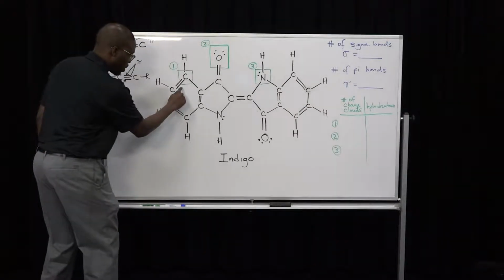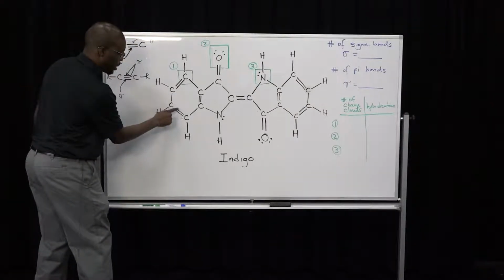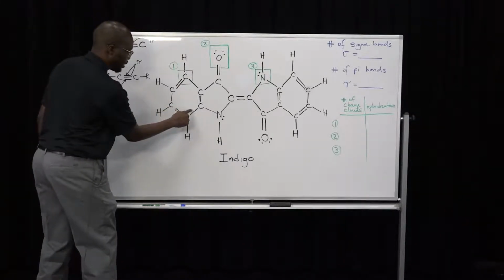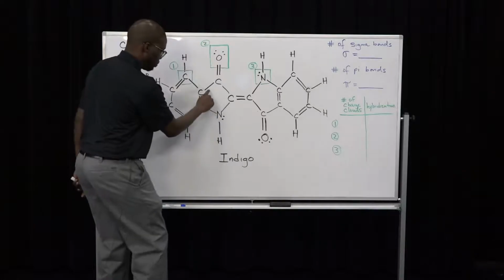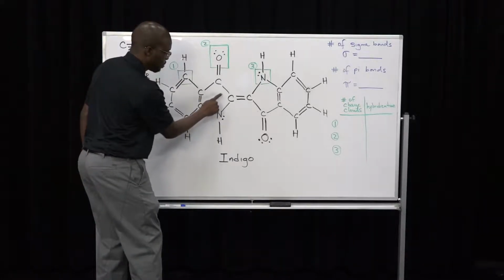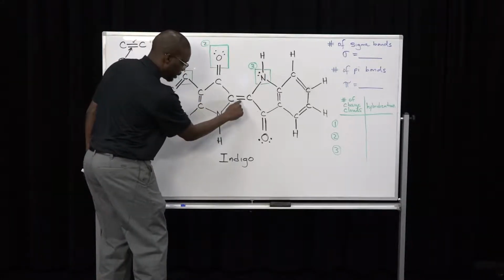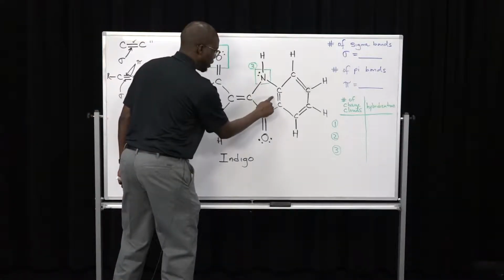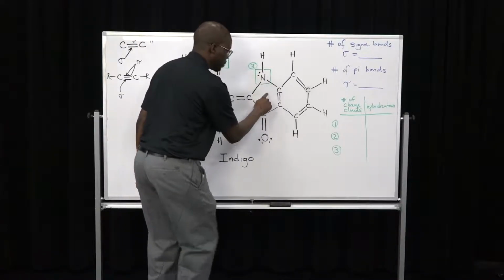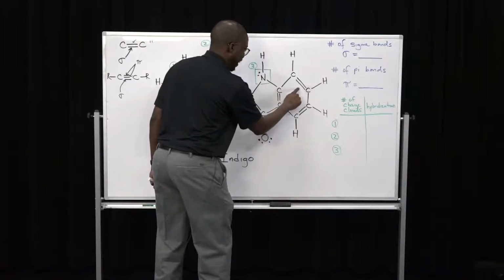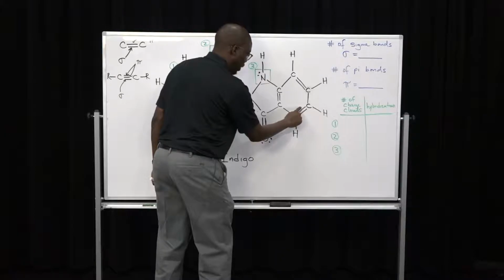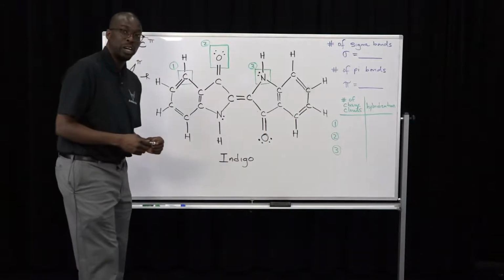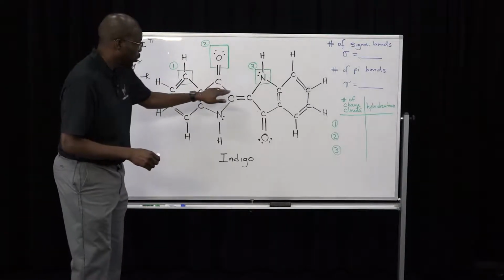Ready? 1, 2, 3, 4, 5, 6, 7, 8, 9, 10, 11, 12, 13, 14, 15, 16, 17, 18, 19, 20, 21. Okay? So that's 21 within the rings.